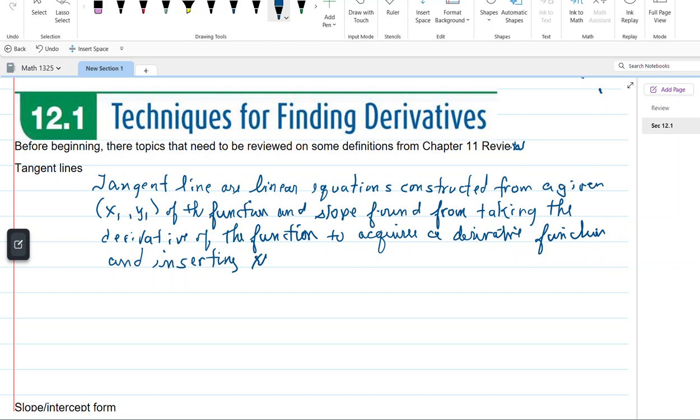we substitute x sub 1 into that derivative form to find the slope needed.